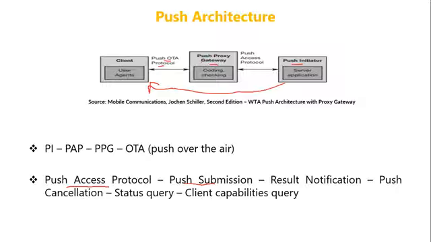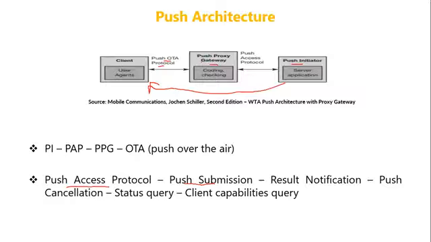The other operation it does is result notification. The PPG notifies the PI. The result notification comes from PPG to PI about the result of the push request. So all these are the operations done by the push access protocol. First, it performs push submission, and then result notification is sent from PPG to PI about the result of the push request.